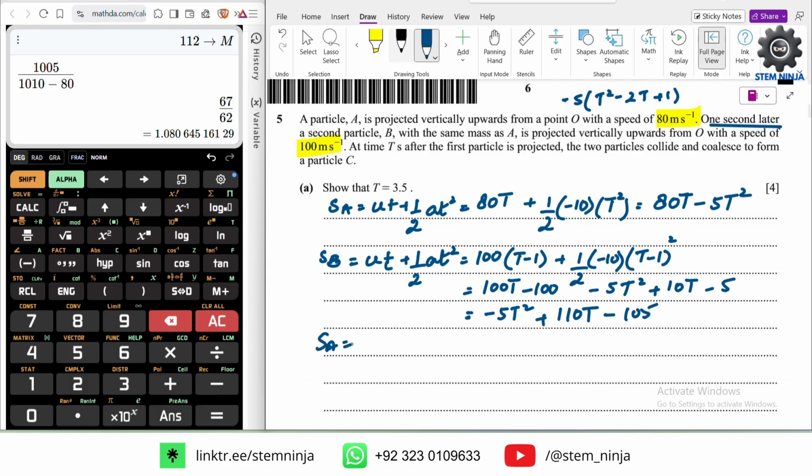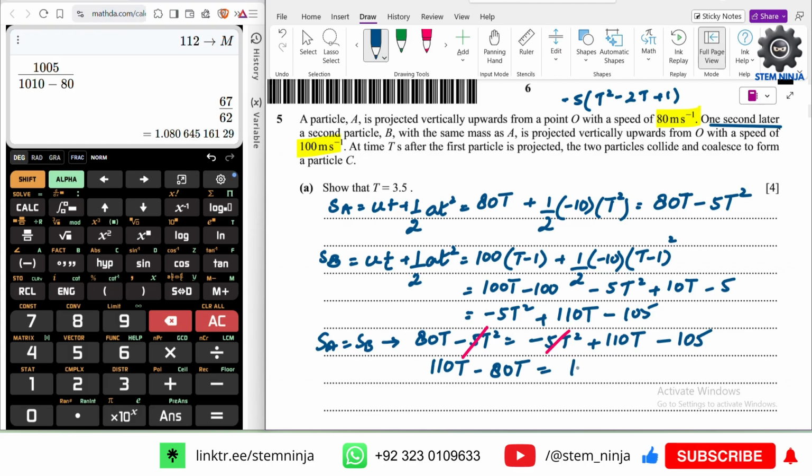Now displacement of A is equal to displacement of B at that point. So 80t minus 5t squared equals minus 5t squared plus 110t minus 105. The minus 5t squared terms cancel, so 110t minus 80t equals 105.